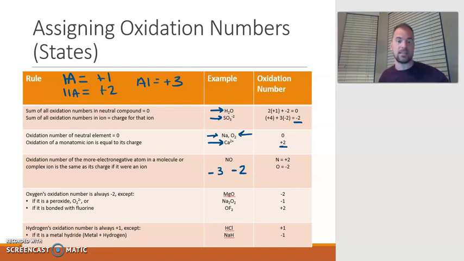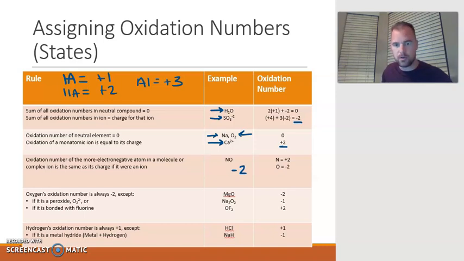The rule states that the more electronegative element gets to keep its normal oxidation number. So out of nitrogen and oxygen, oxygen's more electronegative. So oxygen gets to continue being -2. So what then must be the oxidation number here for nitrogen in order for this whole compound to equal 0?